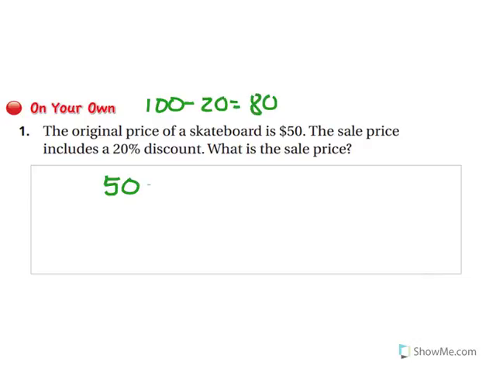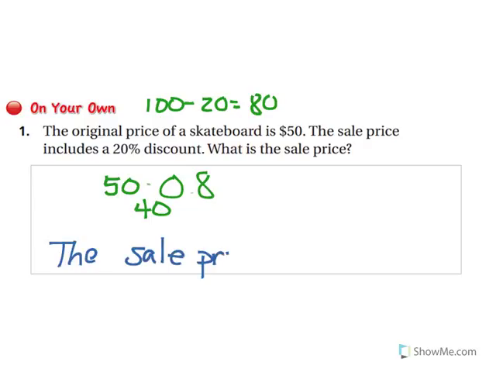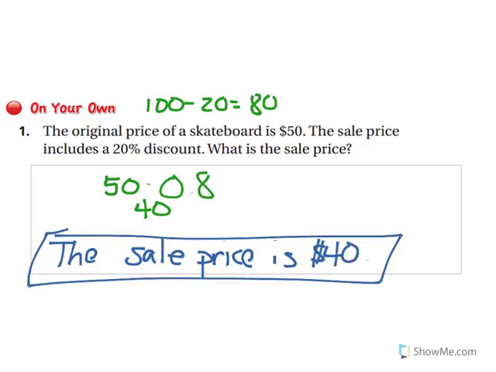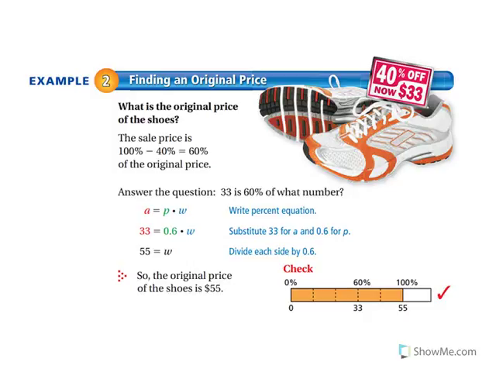So I'm going to multiply this times 0.8. This gets me 40. Therefore, the sale price is $40. That's all there is to that problem.